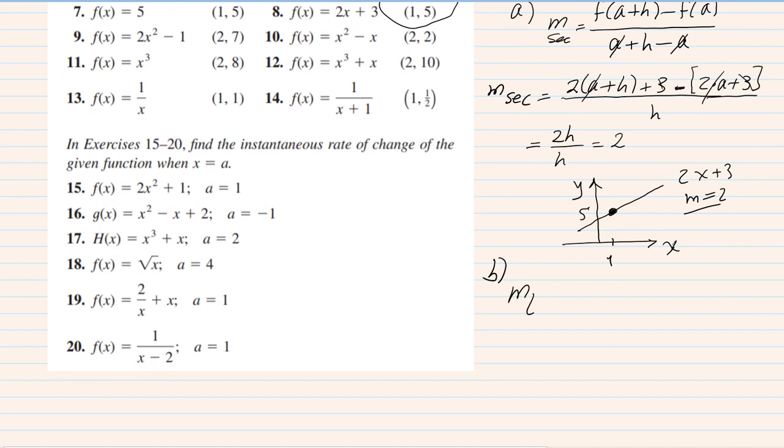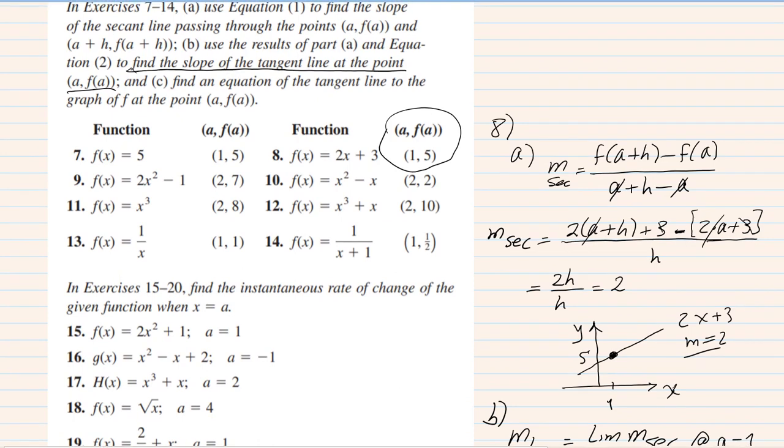The slope of the tangent is going to be the limit of the slope of the secant line that we just found as h goes to 0. And the limit as h goes to 0, remember the slope of a secant was 2, and the limit of a constant is constant. So the slope of a tangent, and this is at x equals 1, or a, they use a, didn't they? There you go, at a equals 1.